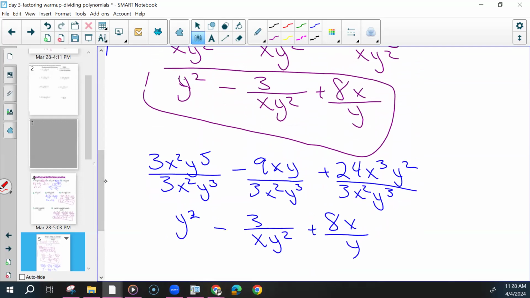Which is the same thing that we got before. So separating it will give you the answer faster. GCF works, but it just takes a little longer. Questions about that? Max, if you have a question, reach out to us.